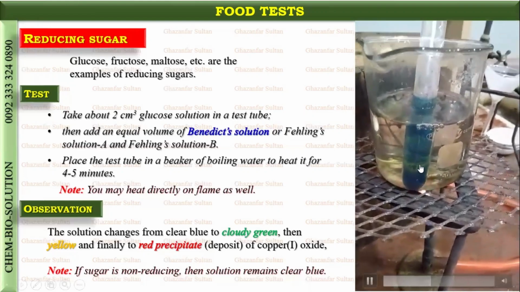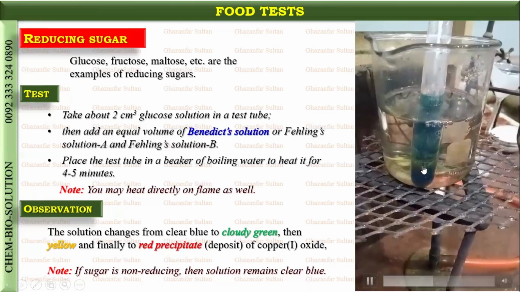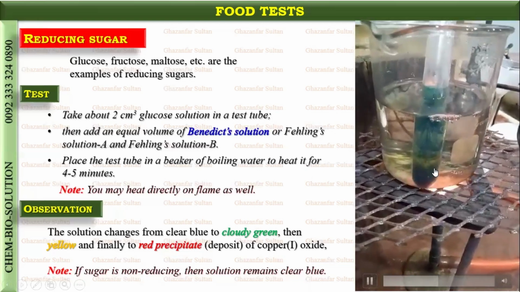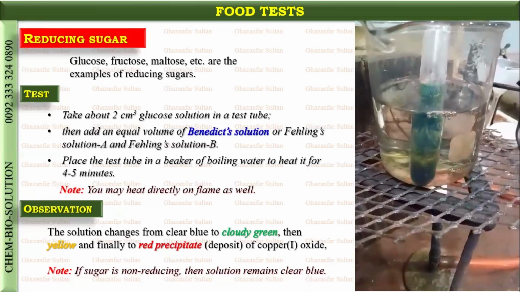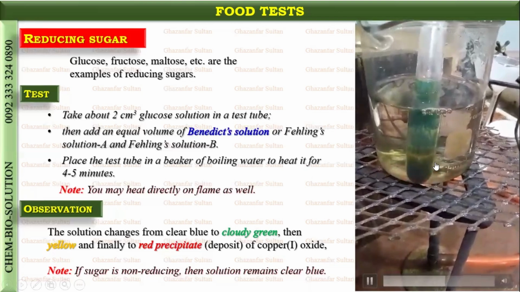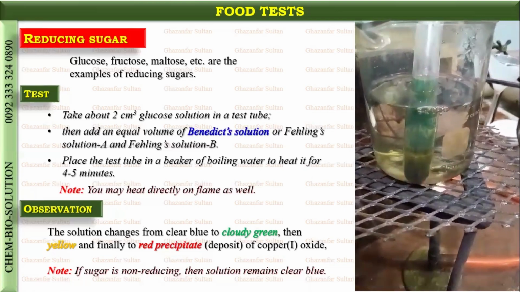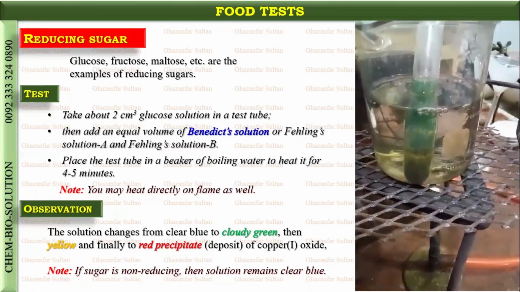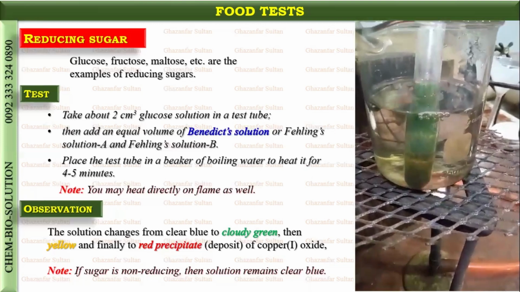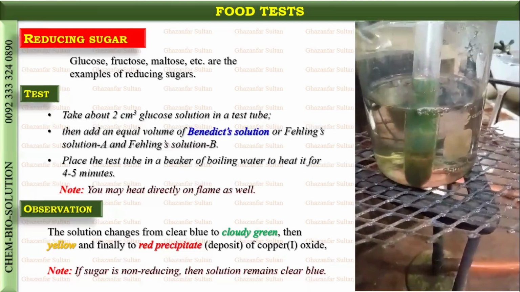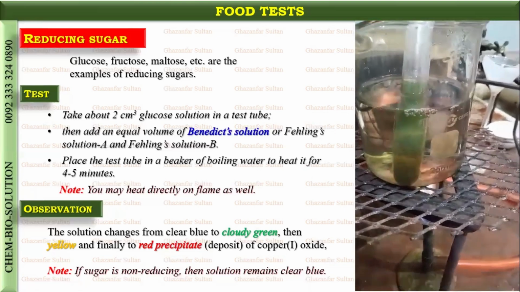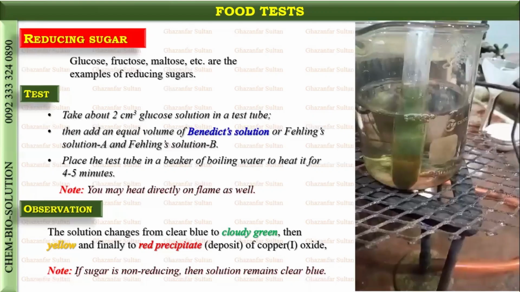Now see, a slight change is happening here. It is becoming green, and now it will change to yellow in color. And finally, we will get the red precipitate.